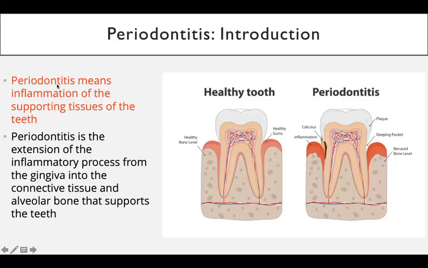Periodontitis means inflammation of the supporting tissue of the teeth: gingiva, alveolar bone, periodontal ligament, and cementum. Periodontitis is the extension of the ongoing inflammatory process of previously formed gingivitis.